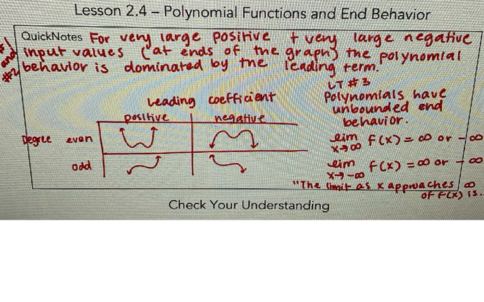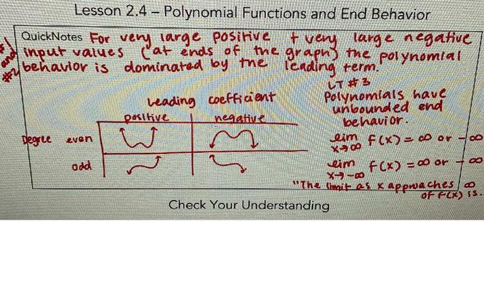So here it says, for very large positive and very large negative input values, which is at the ends of the graph, the polynomial behavior is dominated by the leading term. We pretty much discussed that. Learning targets 1 and 2.